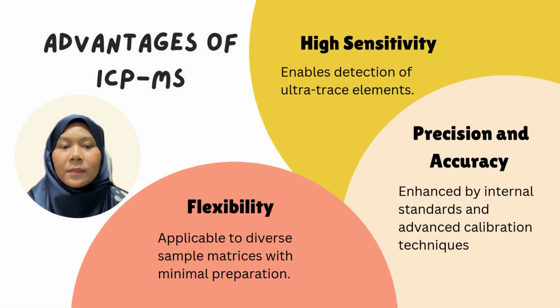Inductively coupled plasma mass spectrometry, or ICP-MS, offers several key advantages in analytical science. Let's take a closer look at these benefits. First, high sensitivity. This technique enables the detection of ultra-trace elements, making it incredibly powerful for identifying substances at very low concentrations. Secondly, flexibility. ICP-MS is very versatile and applicable to a wide range of sample matrices.